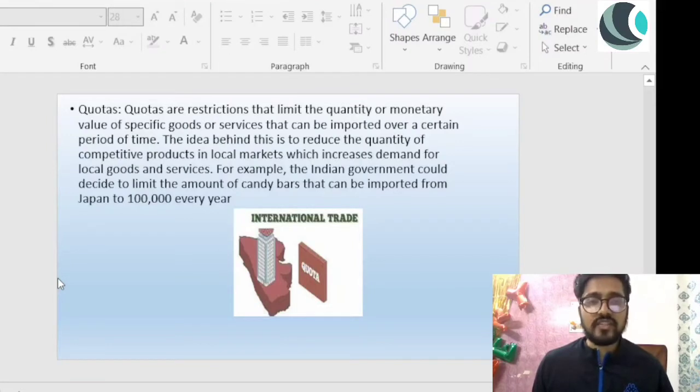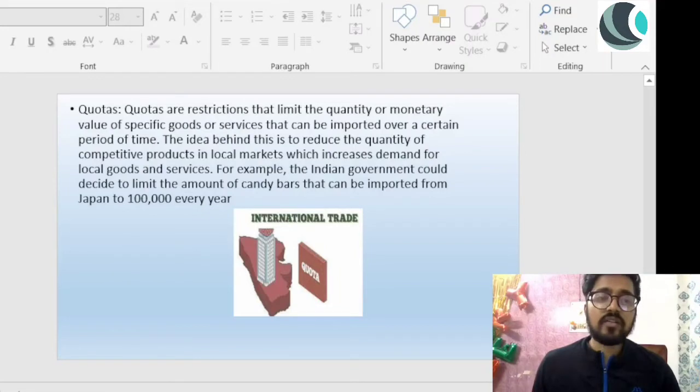Quota is limited not just to the quantity of goods or services, but also to the monetary level. For example, the Indian government could decide to limit the amount of candy bars that can be imported from Japan to 1 lakh every year. This is quantity based, but we can also put a quota on a monetary basis as well.